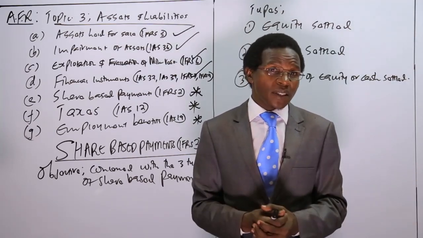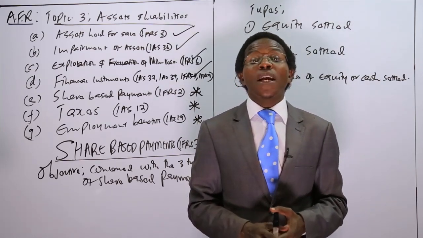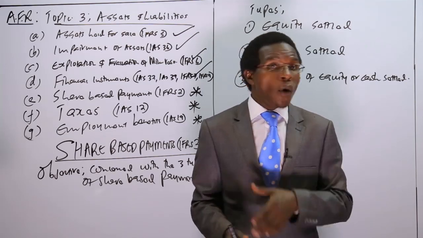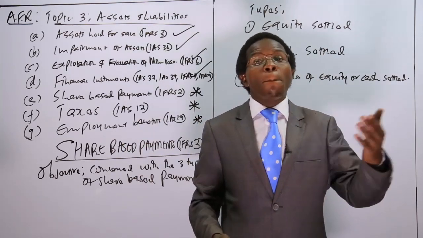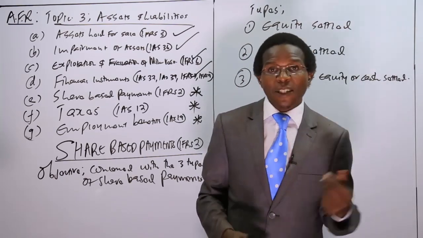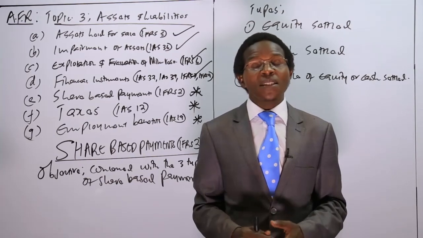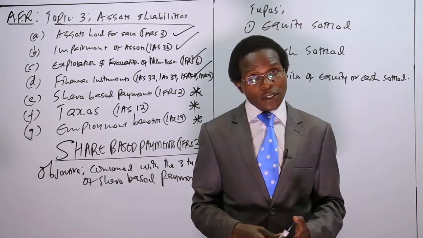That's the main difference. Equity settled, we issue shares to the providers of services and goods. While the cash settled, we give them cash, but that cash will be based on a certain number of shares at market price. So that's the main difference between equity settled and cash settled.